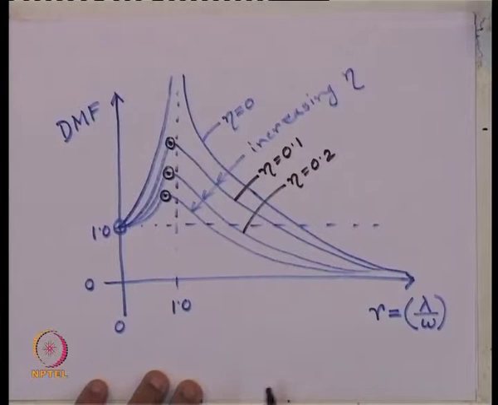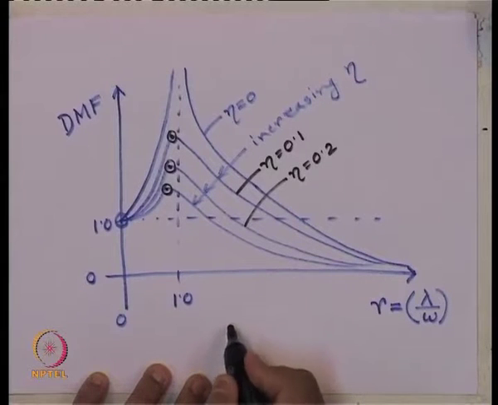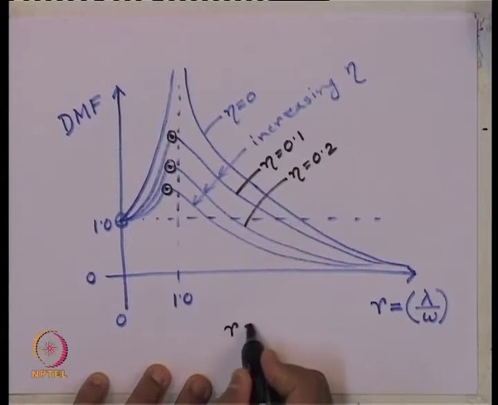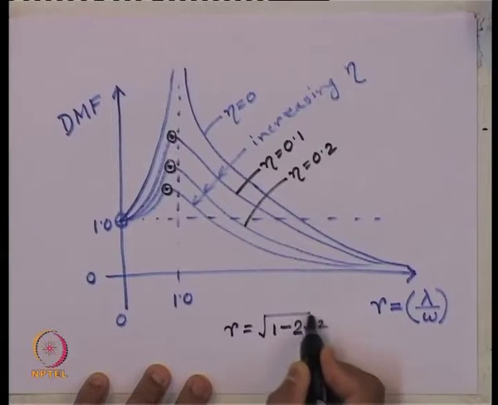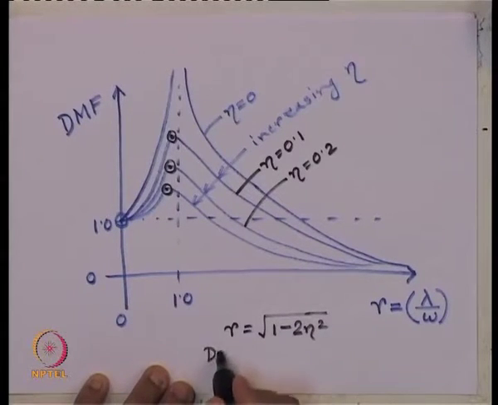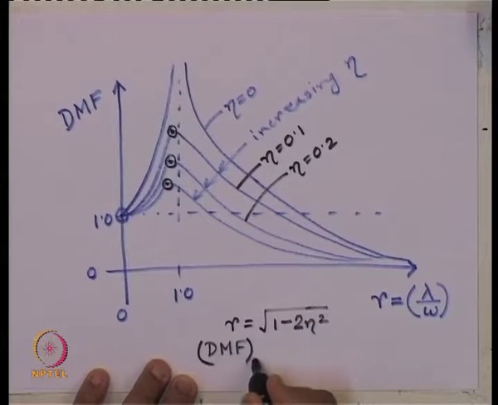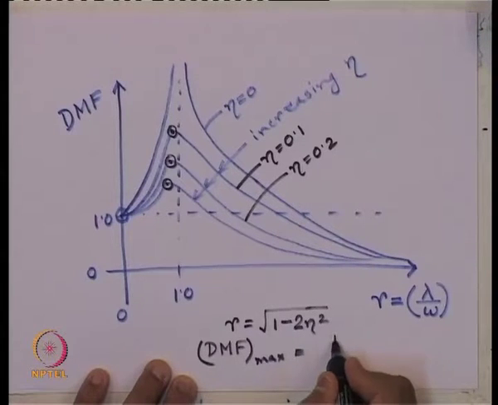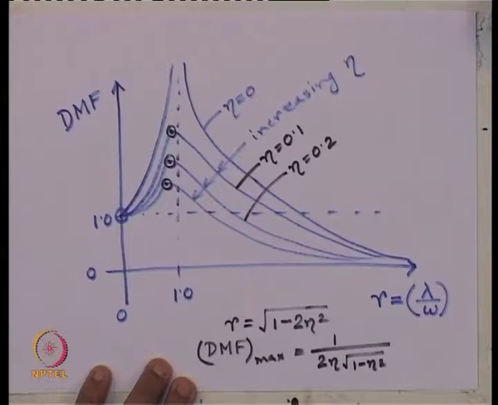The value of r where DMF is maximum is r equals root over 1 minus 2 eta square for DMF max, and that value of DMF max is 1 by 2 eta root over 1 minus eta square. That is the maximum value of dynamic magnification factor.